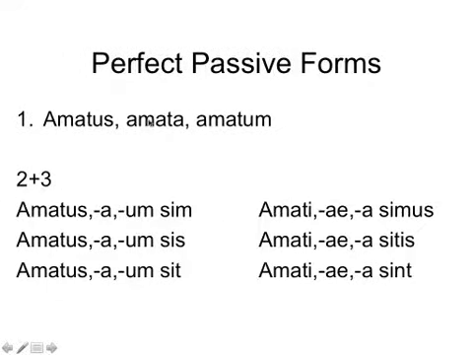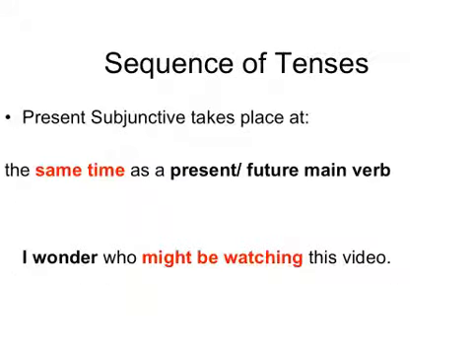So you have amatus, amata, amatum, and then it's going to be amati sint. Now, of course, you're going to use the appropriate form of these depending on whether your subject is masculine, feminine, or neuter. If it were he has been loved, it would be amatus sit. If it was she has been loved, it would be amata sit, etc. Notice these are all plural.